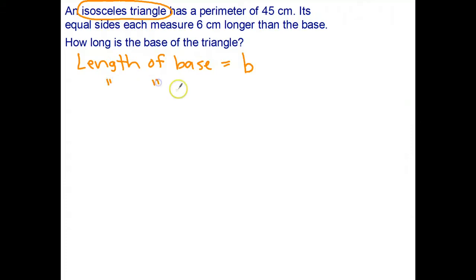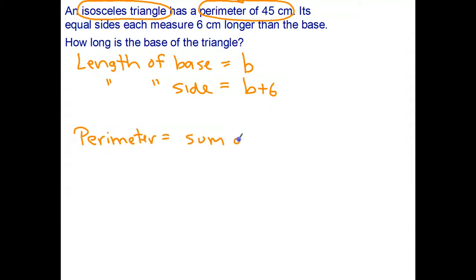So the length of a side is b plus 6. And we know that the perimeter, which is the total distance around the outside, is equal to 45. The formula for perimeter is the sum of all sides. That's the formula that I like to use for all of my two-dimensional shapes.